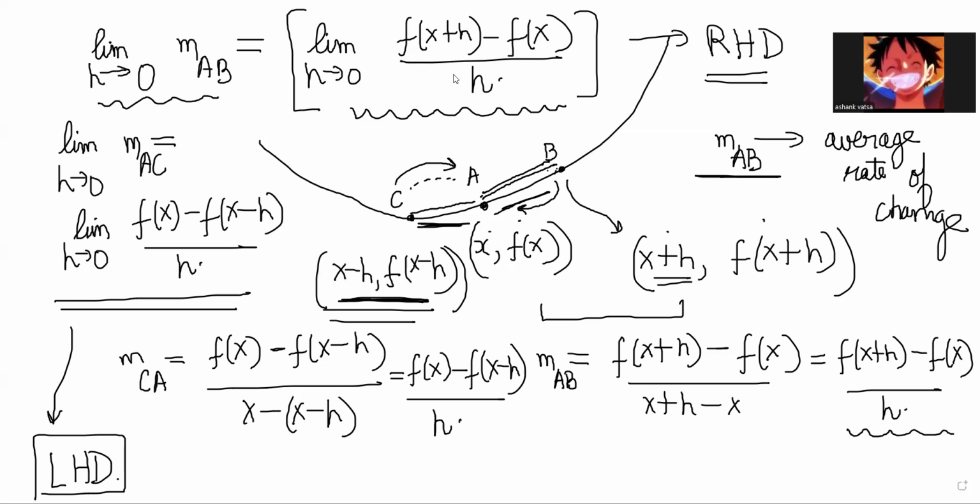Okay. Yes, sir. And this quantity is called the right-hand derivative, and this quantity is called the left-hand derivative, these two limits, right? Yeah. And if the right-hand derivative is equal to the left-hand derivative, then we say that the derivative exists at that point.